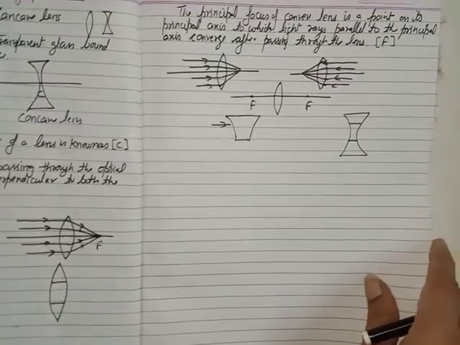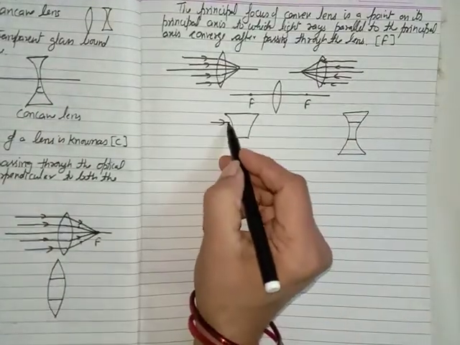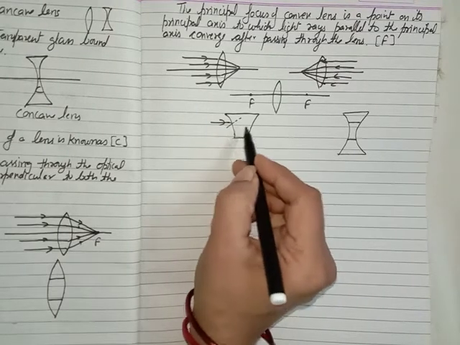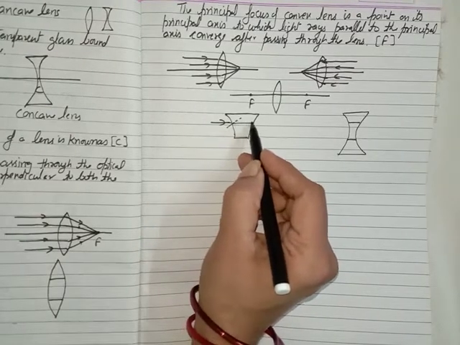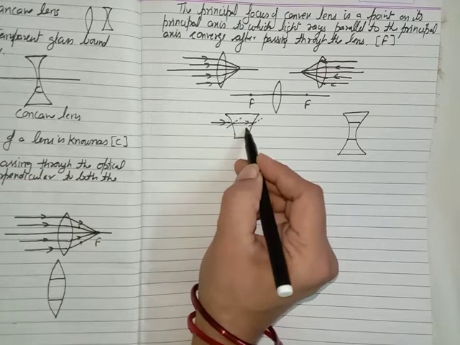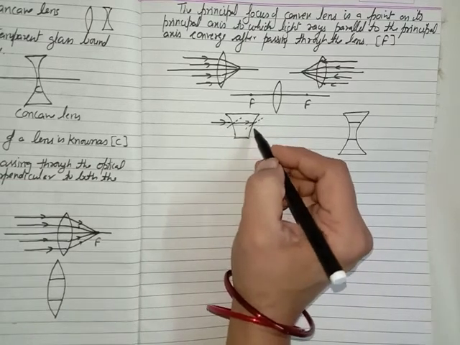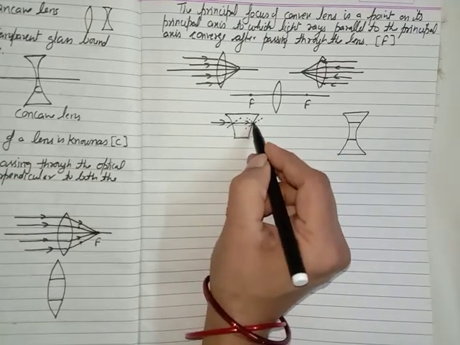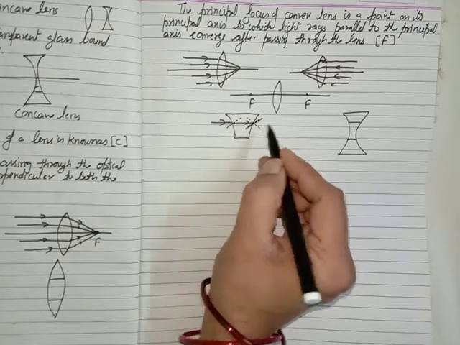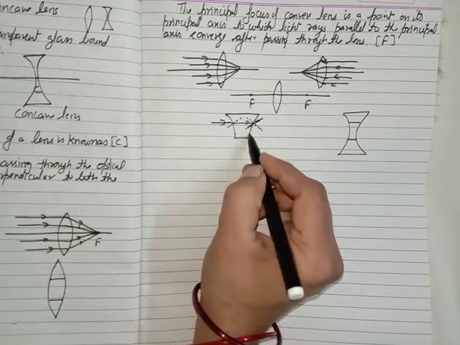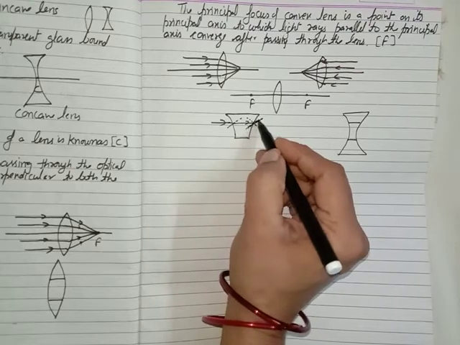So in this case, when the light is coming like this, this is the normal, it bends towards the normal. Again, it passes from the glass to the air. Sorry, this is the normal for this surface, and it bends away from the normal.